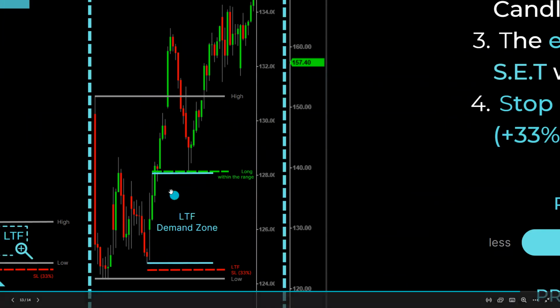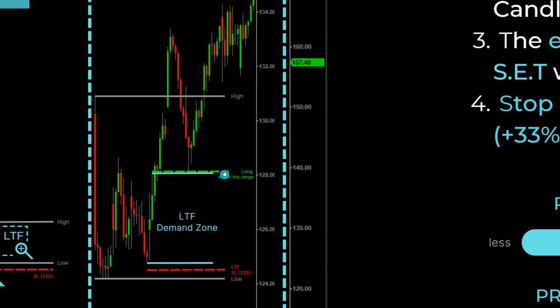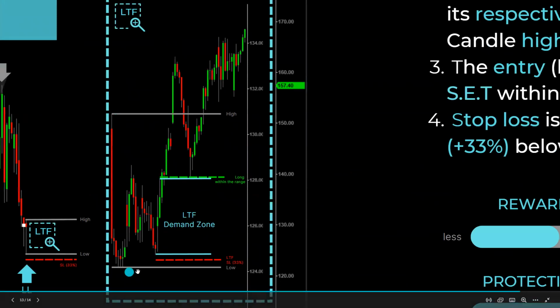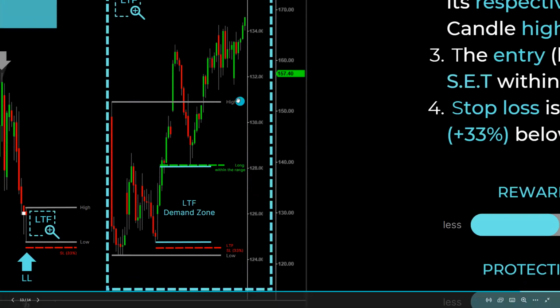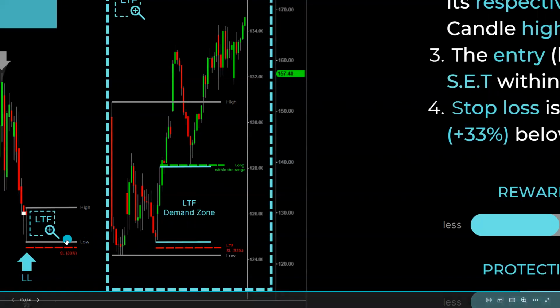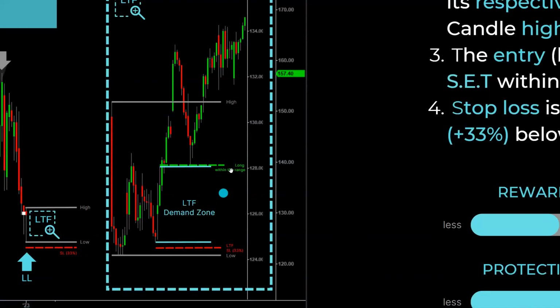Okay, the blue line here, this is a hammer candle high. No, one second, sorry, that's a mistake. The gray lines are your hammer candle high, like this here, and this is your hammer candle low here, the full weekly hammer candle.